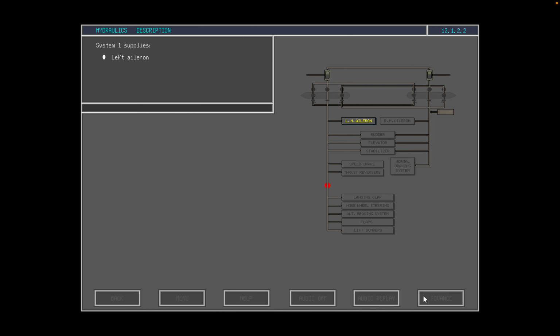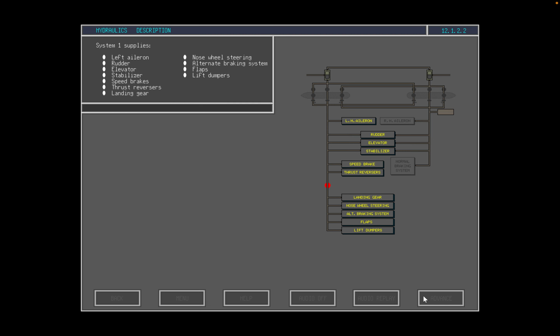System 1 supplies hydraulic power to the left-hand aileron, the rudder, the elevator, the horizontal stabilizer, speed brakes, thrust reversers, landing gear, nose wheel steering, alternate braking system, flaps, and lift dampers.